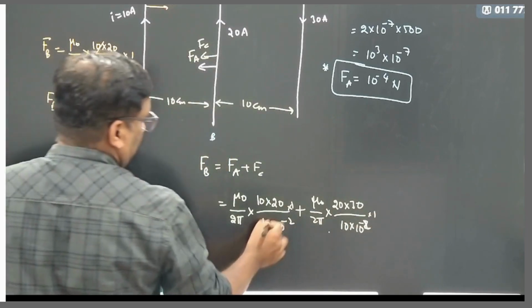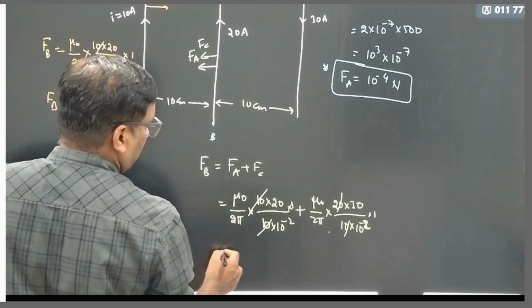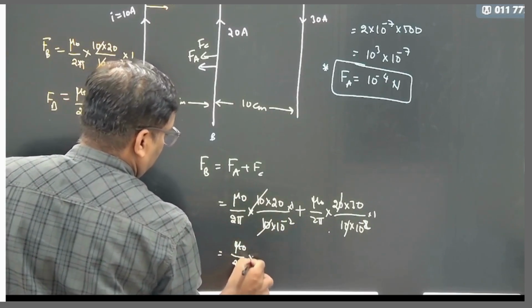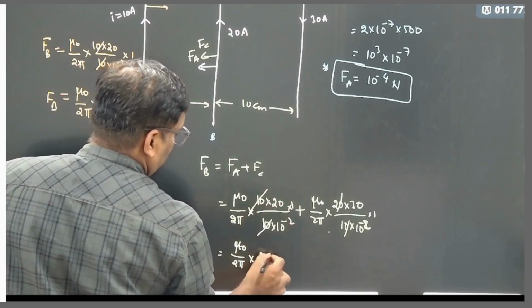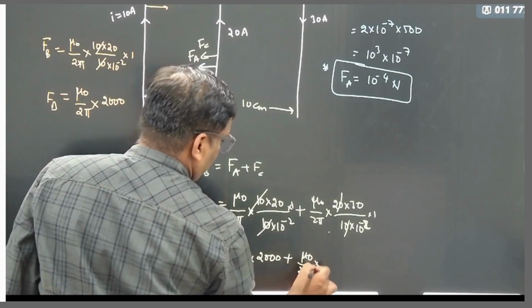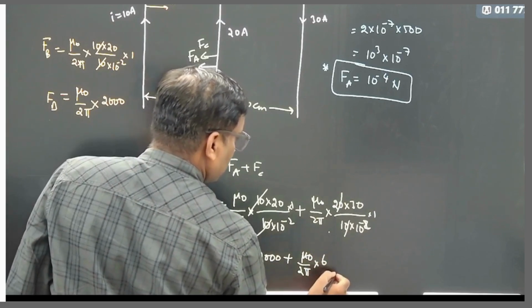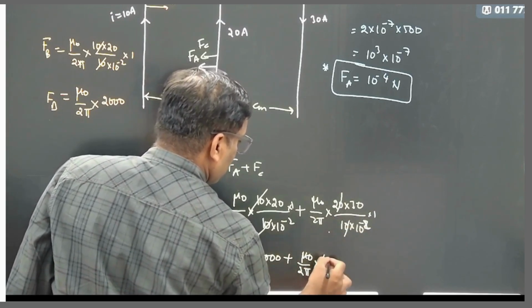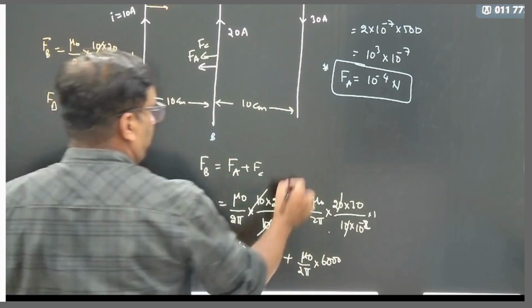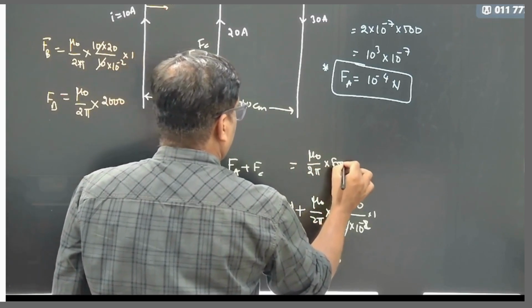So this 10 cancels, this 0 cancels. This is mu naught by 2 pi into 2000 plus mu naught by 2 pi into 60 into 2, 6000. So 6000 plus this one is 8000. Mu naught by 2 pi into 8000.